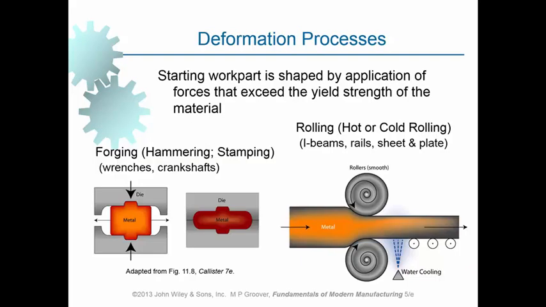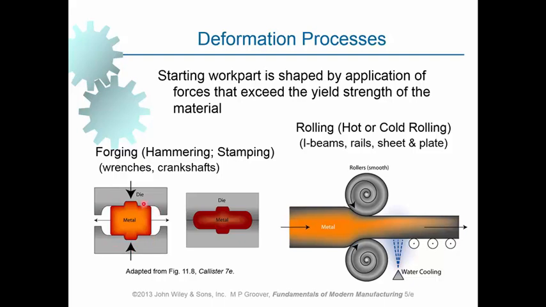Well, in this slide here we can see two different deformation processes. By making use of force, we change the shape and geometry of the raw material. In here we can see the forging process.